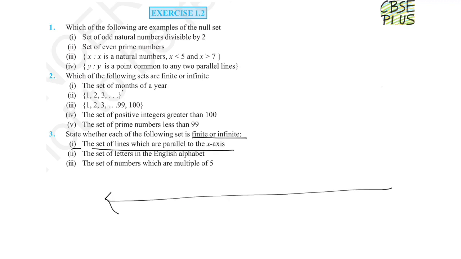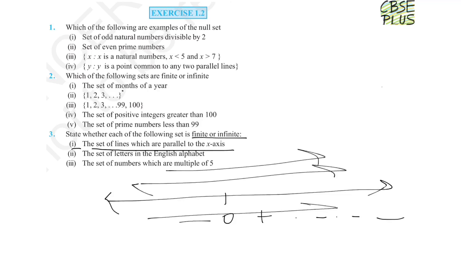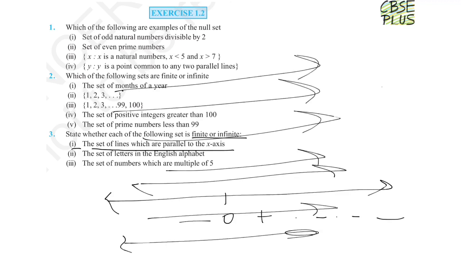There is some x-axis which has 0, and on the right hand side it is positively increasing. On the left it decreases. So here we are dealing with the set of lines which are parallel to the x-axis. There can be numerous lines which are parallel to the x-axis, and it is infinite.